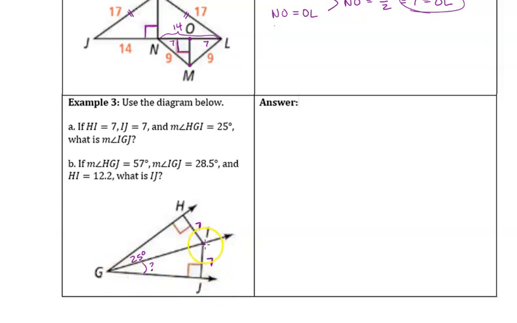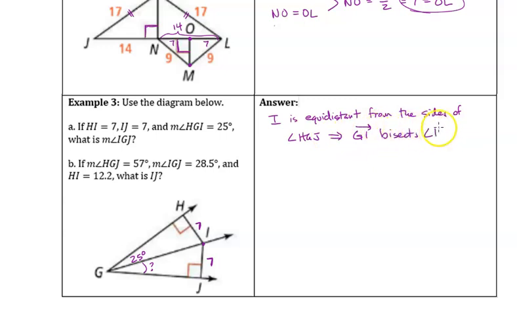So point I is equidistant from the sides of angle HGJ, right? So that means that ray GI bisects that angle, angle HGJ.